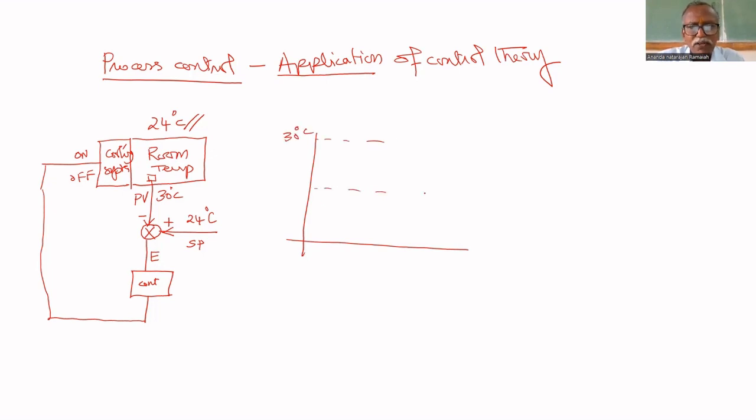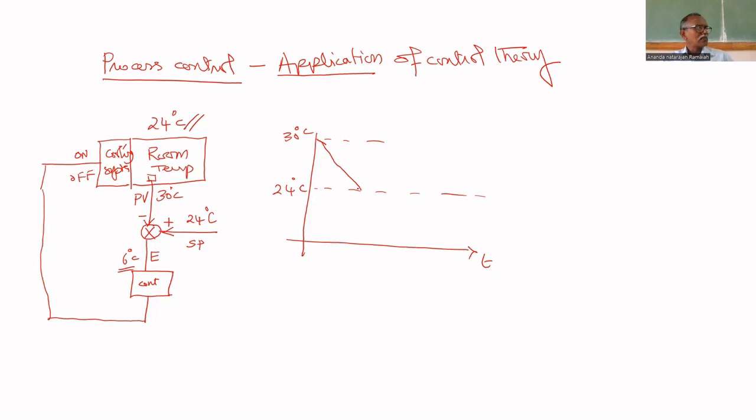You want to maintain at 24 degrees centigrade. This is time. So it will decrease because it is compared. Initially the error is 6 degrees centigrade. That's why this controller turns on the cooling system, and the temperature is decreasing.